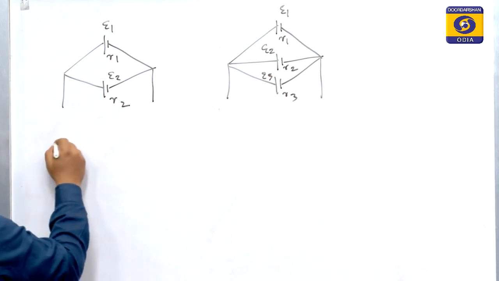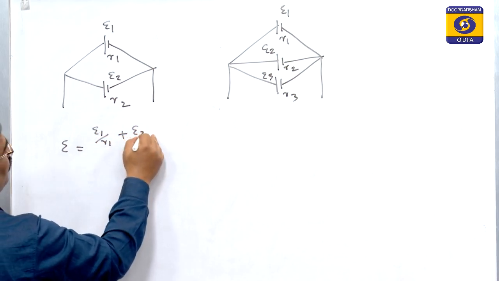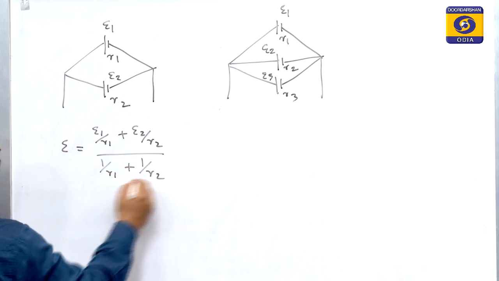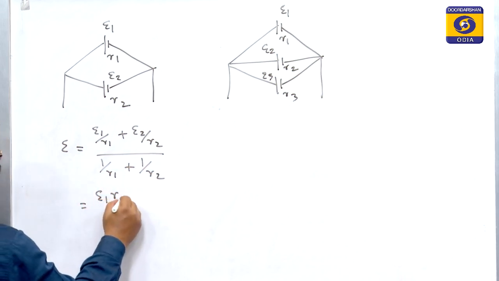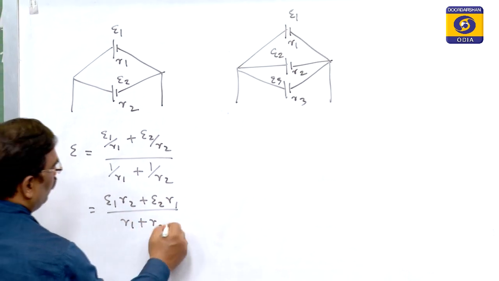In this case my E equal to E1 by R1 plus E2 by R2 divided by 1 by R1 plus 1 by R2. So, this is E1 R2 plus E2 R1 divided by R1 plus R2.